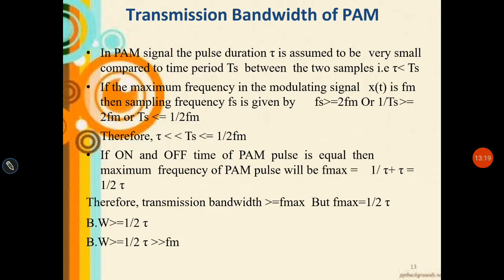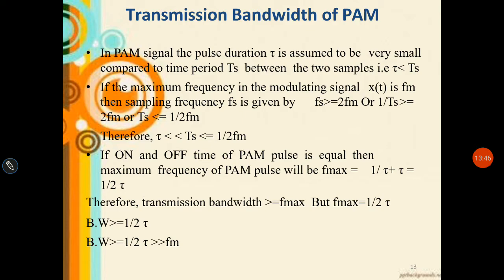Now, the transmission bandwidth of PAM. In a PAM signal, the pulse duration tau is assumed to be very small compared to the time period Ts. So that means tau is very, very much less than Ts. If the maximum frequency in the modulating signal x(t) is Fm, then the sampling frequency Fs is given by Fs must be greater than or equal to twice Fm.